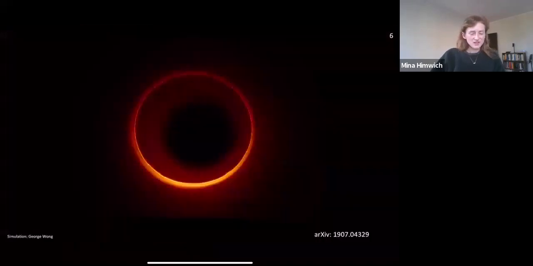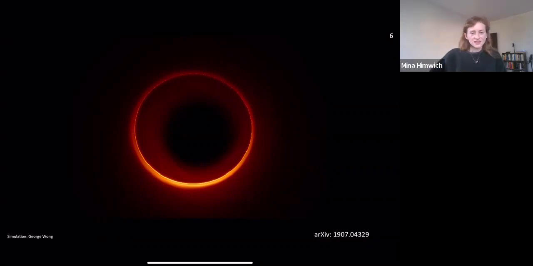When we do that, we think the higher resolution pictures will look like this, which is a simulation. What's striking is that the ring of light at higher resolution will actually be very thin. If you look closer to the edge of the dark shadow in the middle, there's an even thinner, even brighter ring.